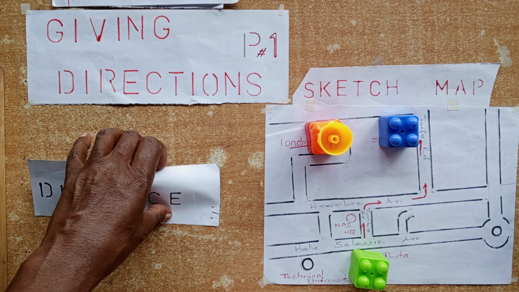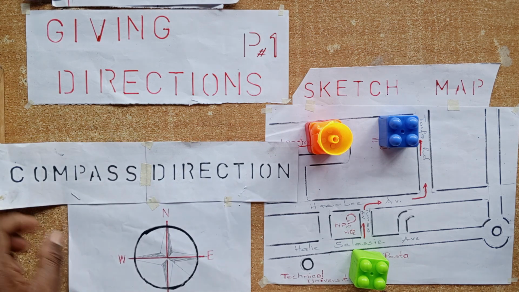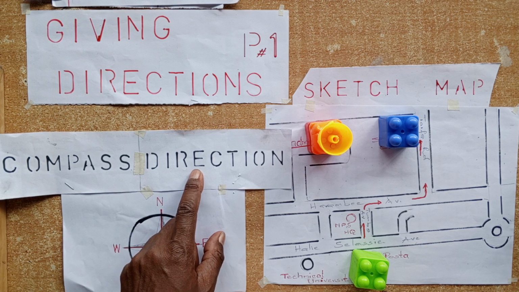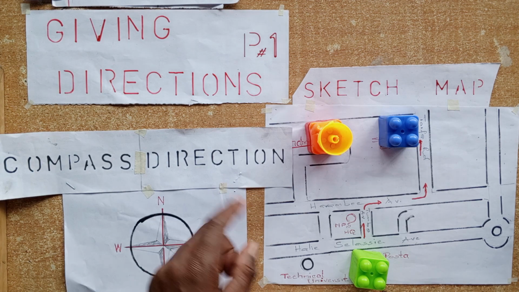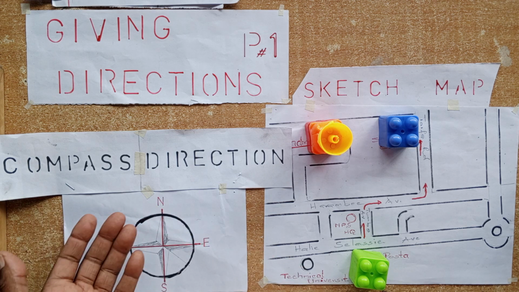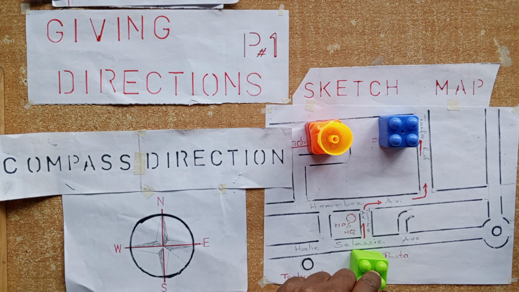When giving directions, it will be wise if you can make use of cardinal points, that is the compass direction. That is, where is Huduma Center? Here.